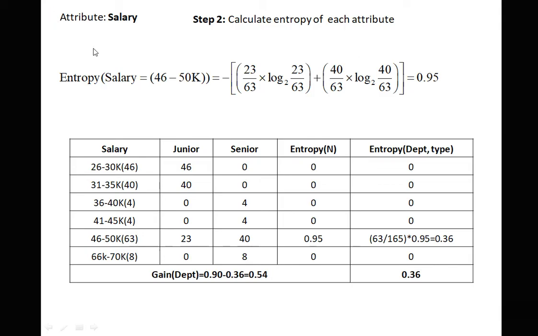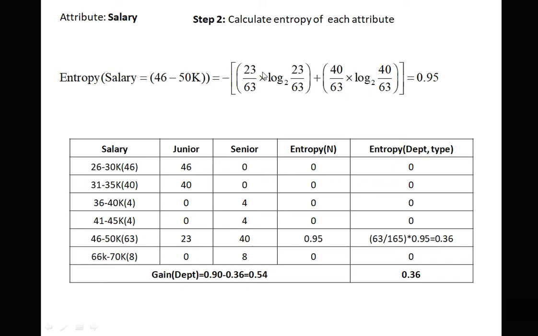Next is salary. In salary also a lot of categories are there. We need to separate the categories and write down the junior and senior numbers. Here also most of the time one of the probabilities is 0, so our answer is 0. Only for the case 46 to 50k, 63 records are there, out of which 23 belong to the junior category and 40 belong to the senior category.